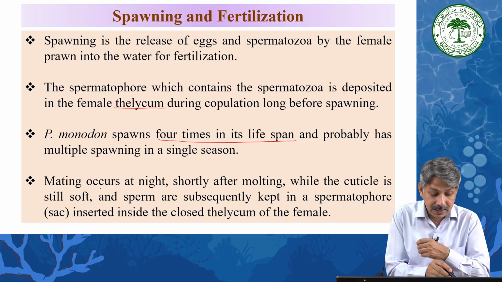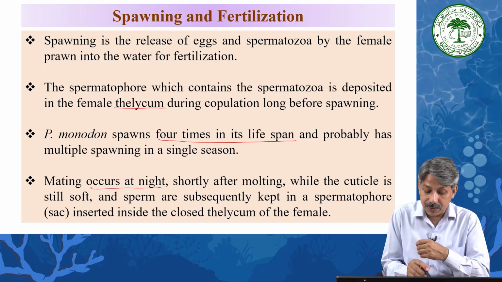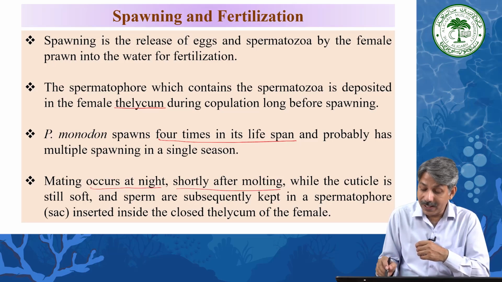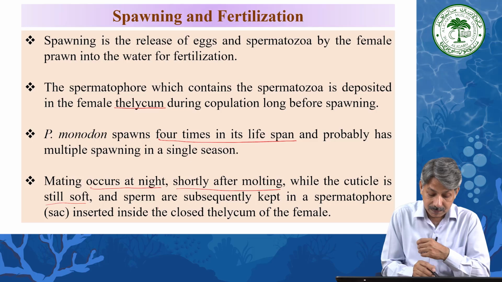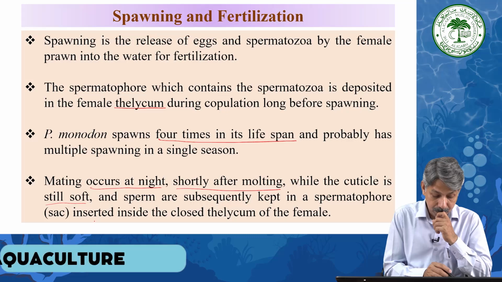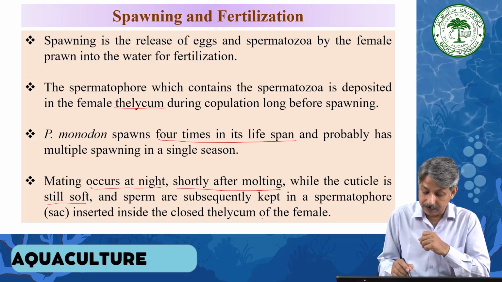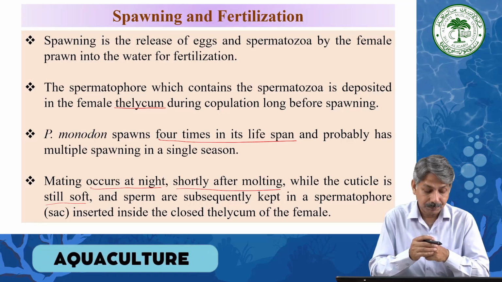Mating occurs at night, shortly after molting, while the cuticle is still soft. And sperm are subsequently kept in a spermatophore inserted inside the closed thelycum of the female.